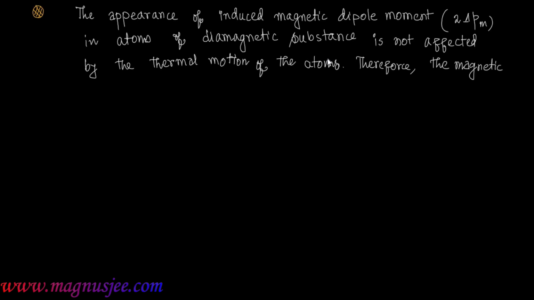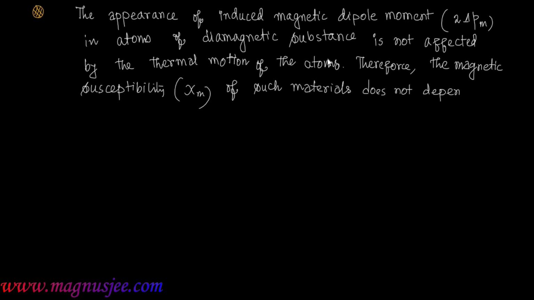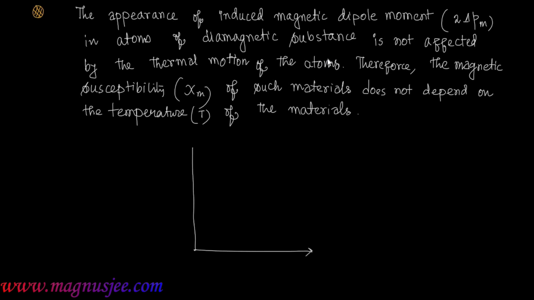Therefore, the magnetic susceptibility chi m of such materials, that means of diamagnetic materials, does not depend on the temperature T of the materials. Magnetic susceptibility is independent of absolute temperature. Chi m is plotted along the vertical axis, and this chi m versus T graph is parallel to the absolute temperature axis, that is, parallel to the horizontal axis.